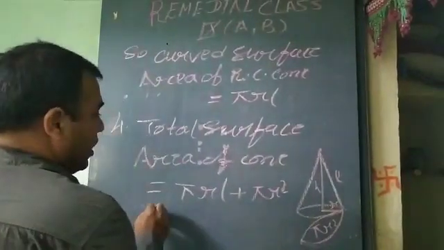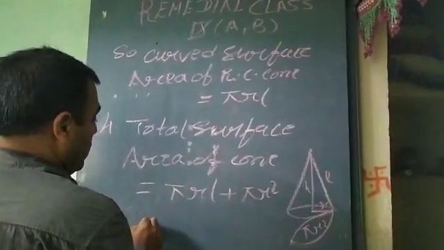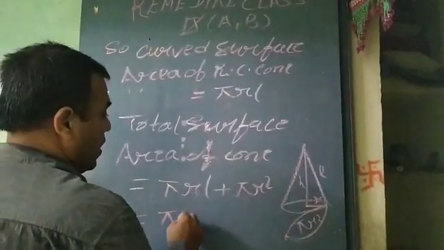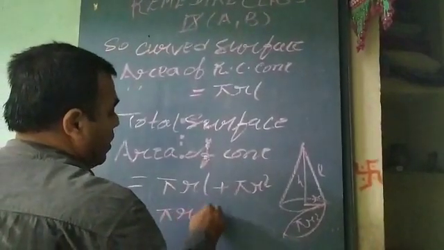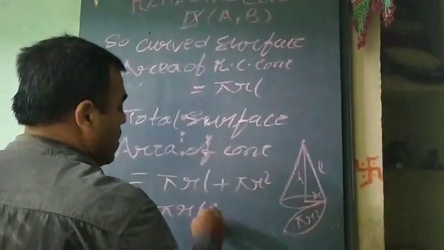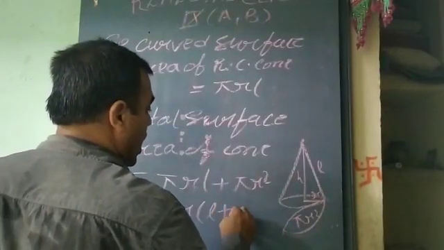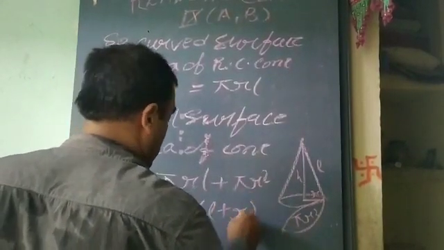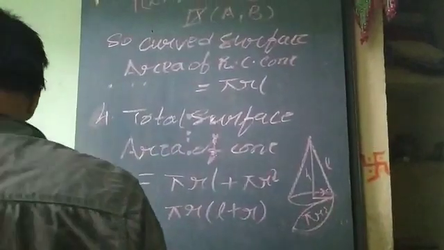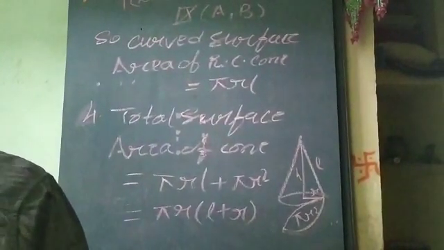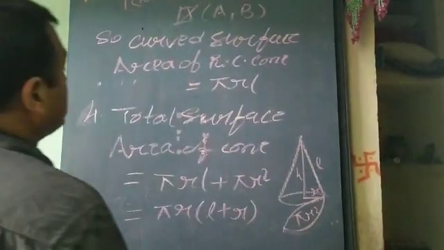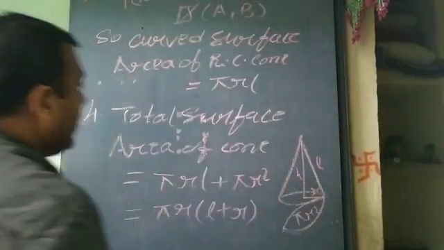So total surface area equals pi r L plus pi r square, that is pi r (L plus r). Now, what is L? It is the slant height.